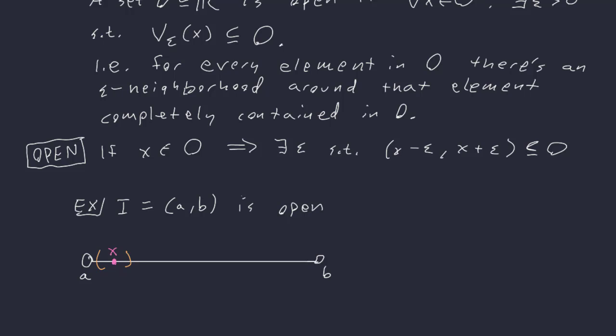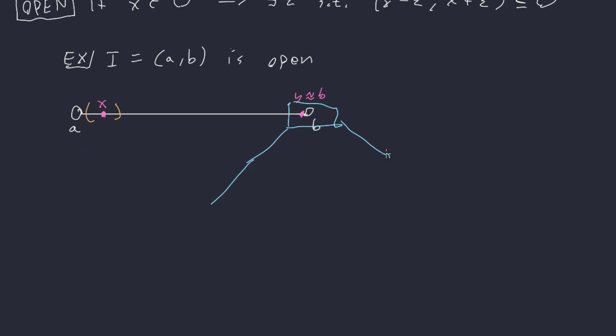So if I'm looking even at something really close to b here, let's say this is y, which is approximately b, but still less than b, we can always still zoom in as close as we want, and say that our y is right here, and then choose an epsilon small enough so that this interval y minus epsilon to y plus epsilon is still contained in the interval itself.